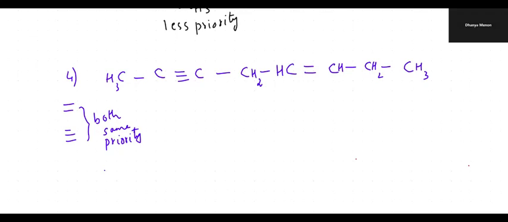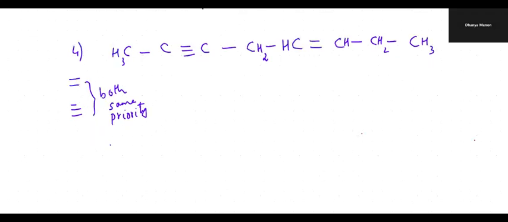So here, we number it. Suppose I'm numbering it from here: 1, 2, 3, 4, 5, 6, 7, 8. I'm numbering it this way. Here, the positions of the double and triple bonds are the second position and the fifth position.